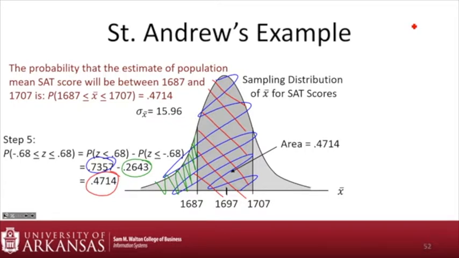You guys done this before? Everybody good with it? This will make my job easier. So really what we've just done is figured out that the probability that we've got this estimate of the population, and our scores are going to be between a 1687 and a 1707, is about 47%.